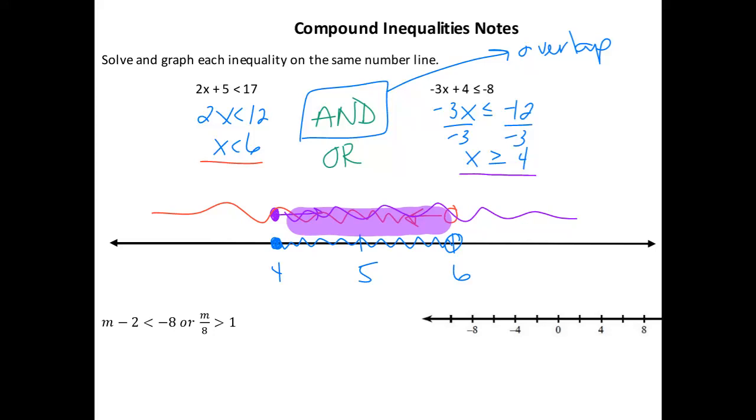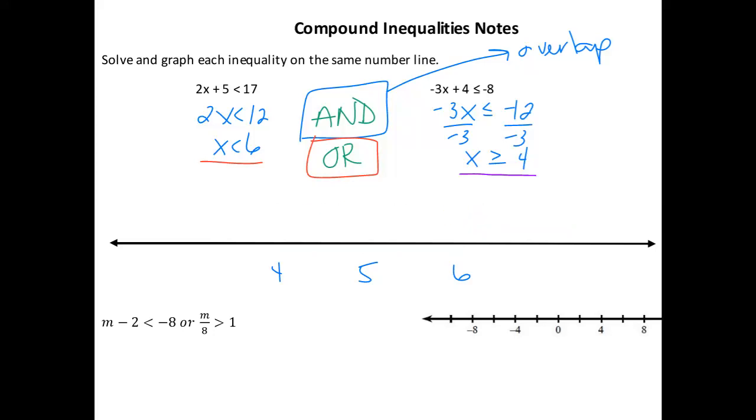Now, if this were instead an or, let's get rid of everything we got going on here. We had greater than 4, less than 6. If this were an or, what we would end up taking is either one. So our final shading for this one would be greater than 4 or less than 6.